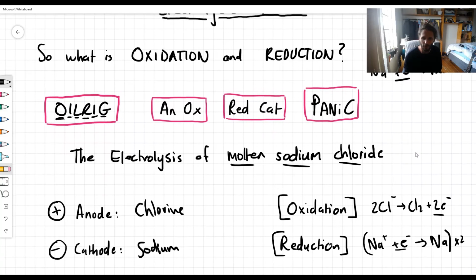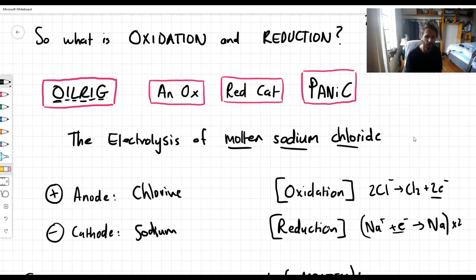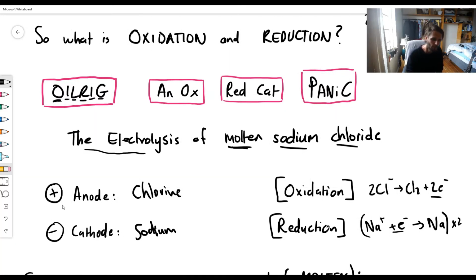So if you look at a summary of the electrolysis of molten sodium chloride, remember the anode from this mnemonic, PANIC: positive is anode, negative is cathode. So at the positive anode, we've got chlorine happening there. Think about that reaction that I drew in part 1 or 2, I can't remember. Chloride is negative, it is attracted to the positive and it's losing that electron.